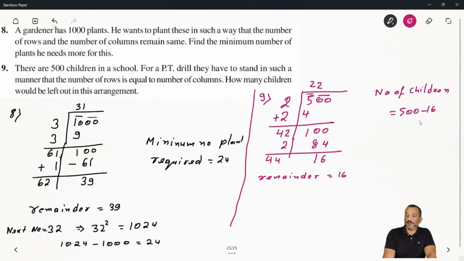We will get 484. The square root of 484, you will get 22. So you can say 16 students are left out in the arrangement.